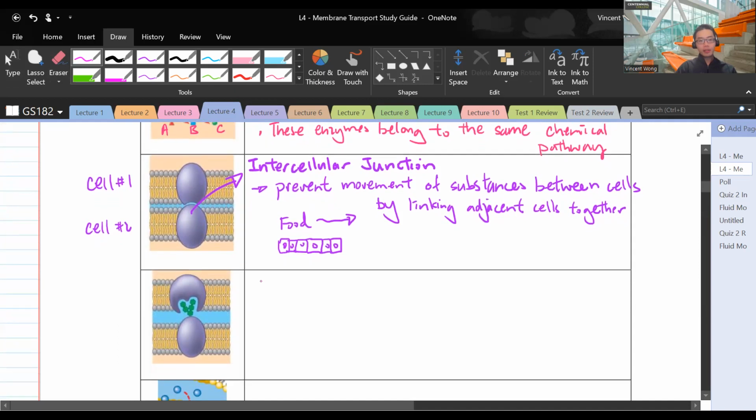All right, next function that we learned in the recording is cell-cell recognition. Okay.